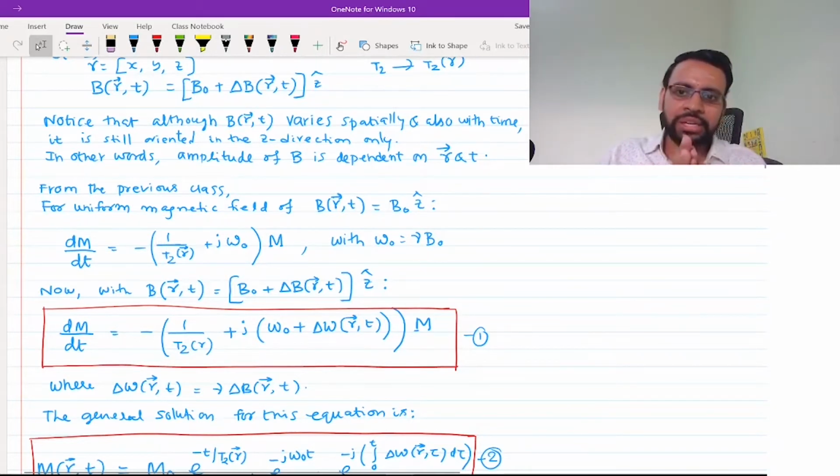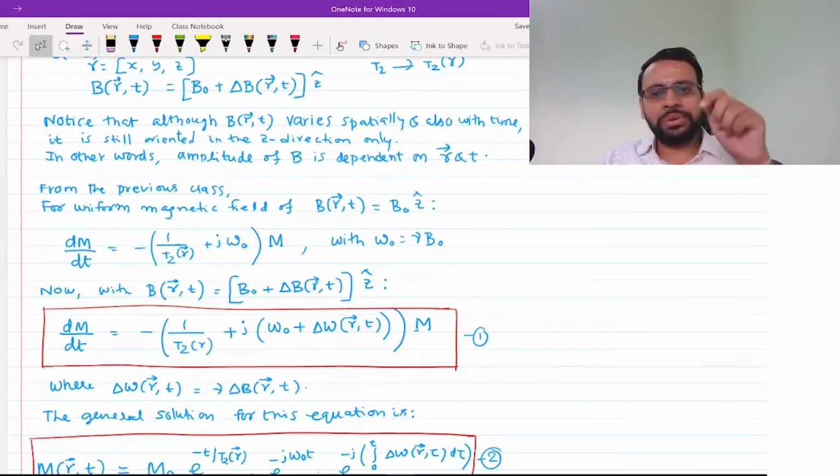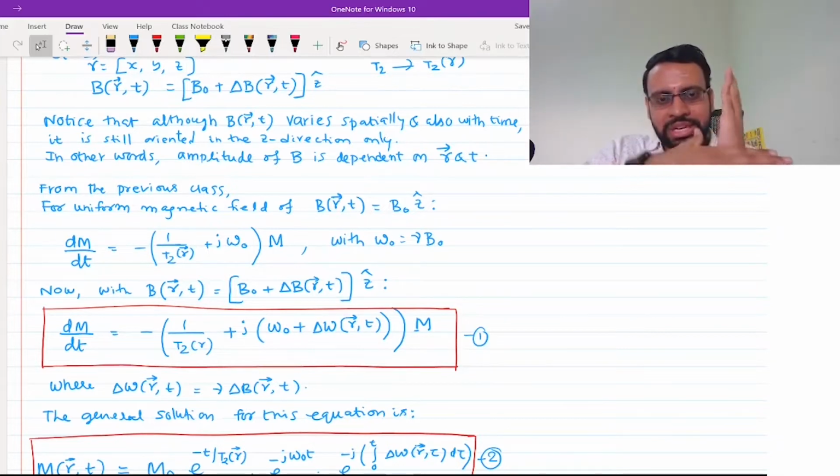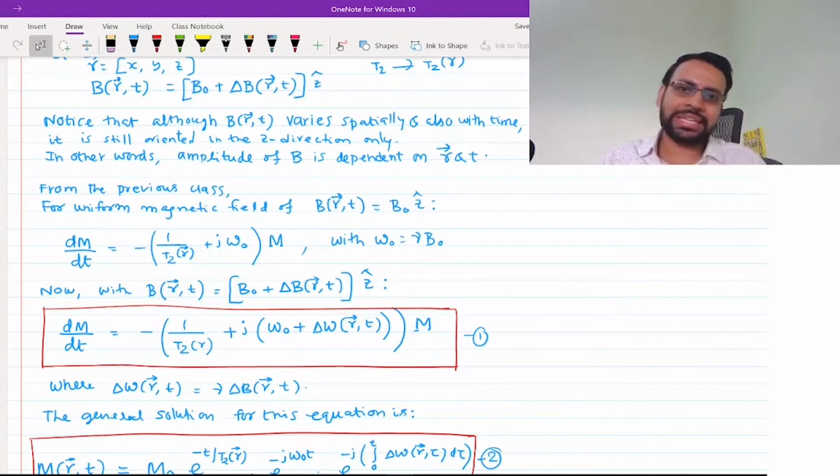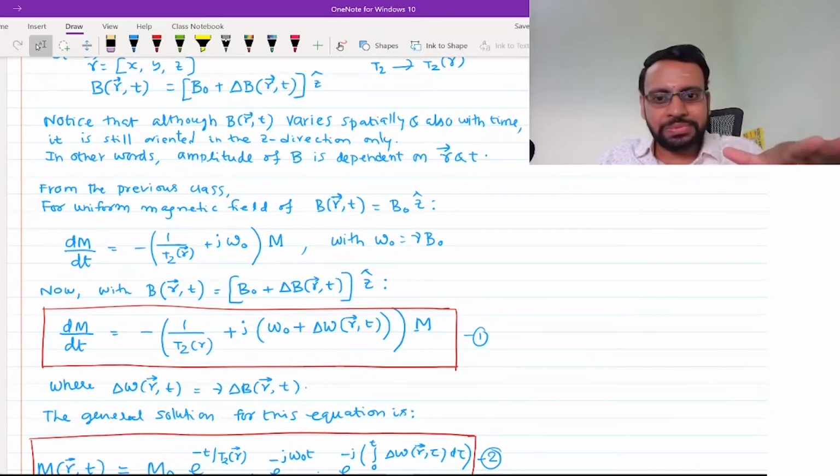Again recollect, the moment we are saying m, this is a complex value Mxy, having Mx plus j times My in the xy plane. So what we are concerned with here is the analysis of the transverse magnetic field.